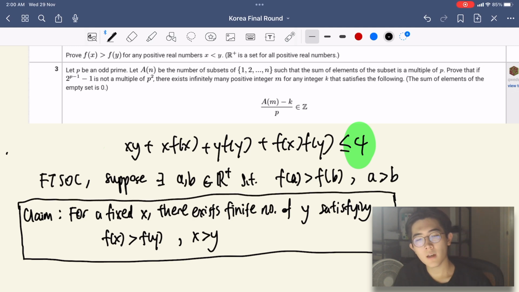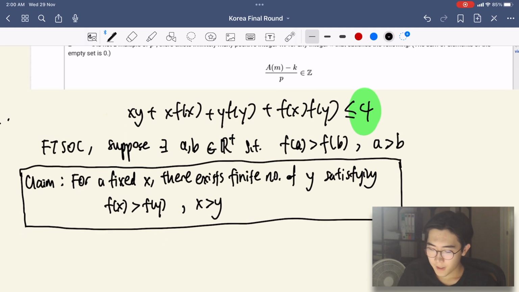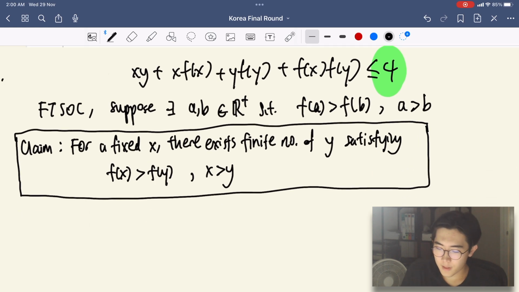Surprisingly, the proof to this claim is actually not that hard. The first step is you notice that for a fixed x, there must exist a number z where (z plus f(x)) times (f(z) plus x) is less than or equal to 4. The way I'll show that the claim is true is also by contradiction. So for the sake of contradiction, suppose otherwise.